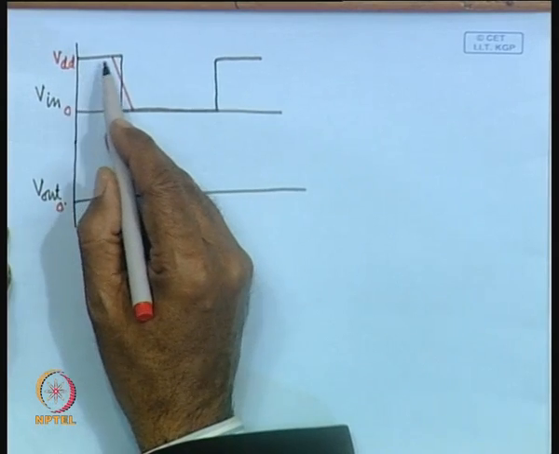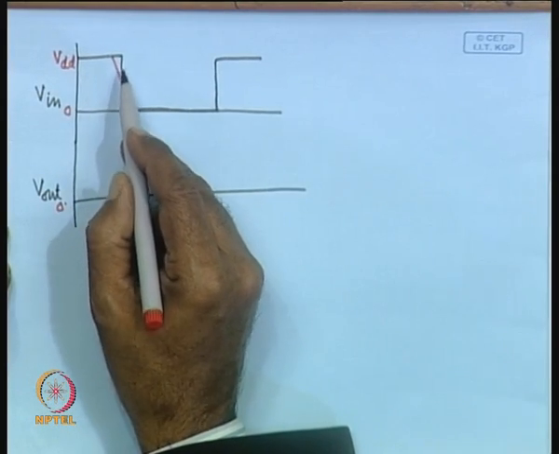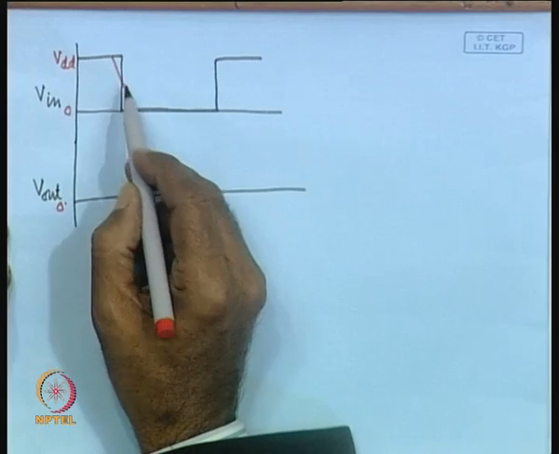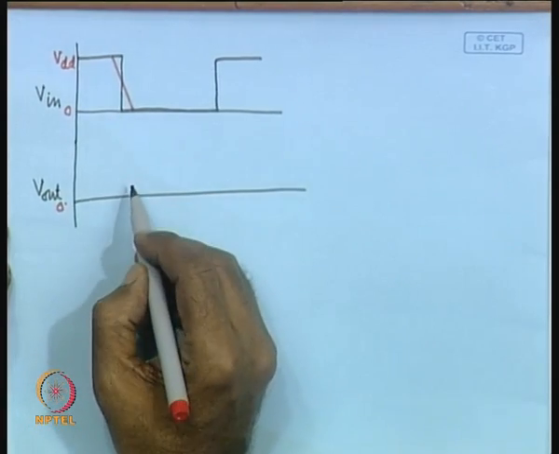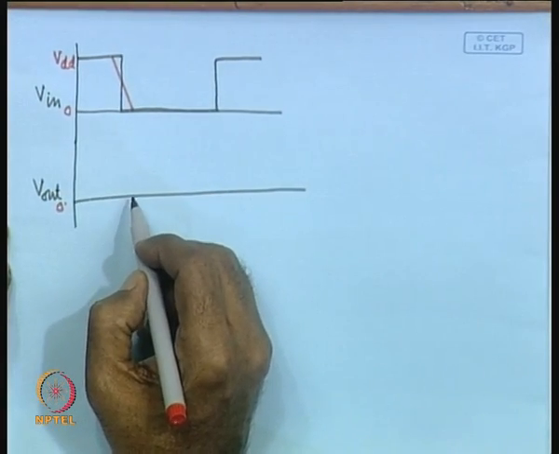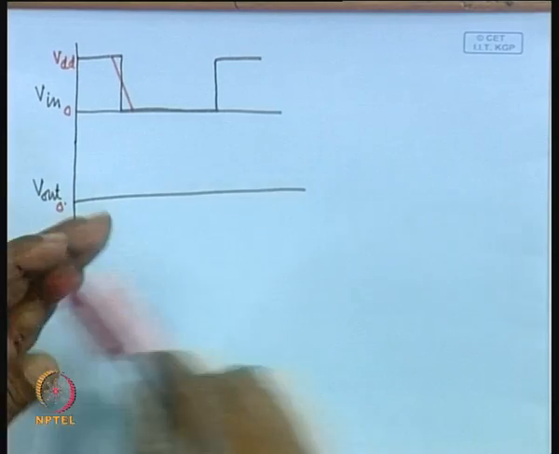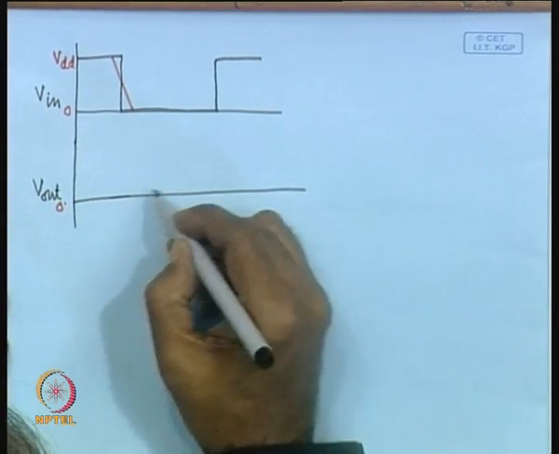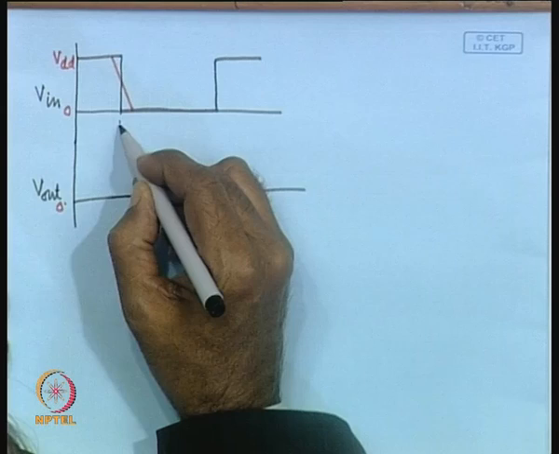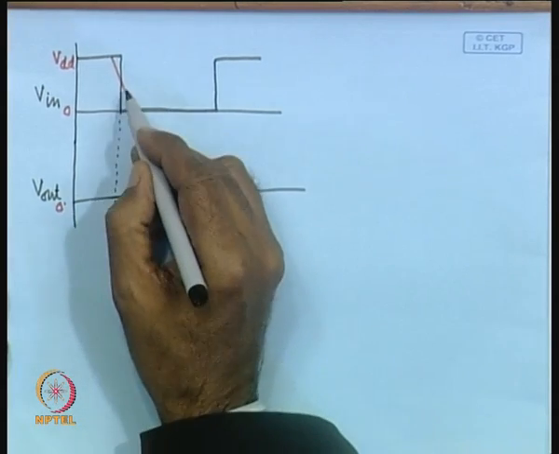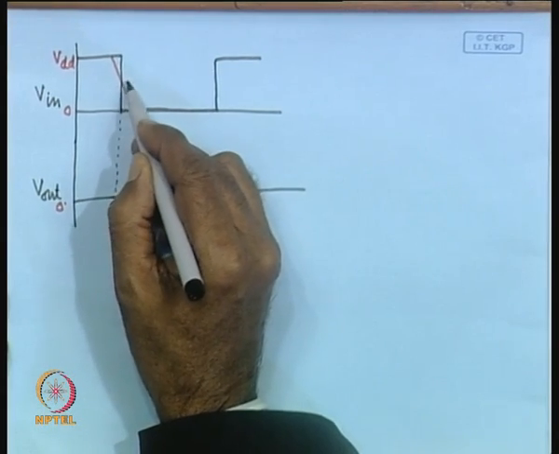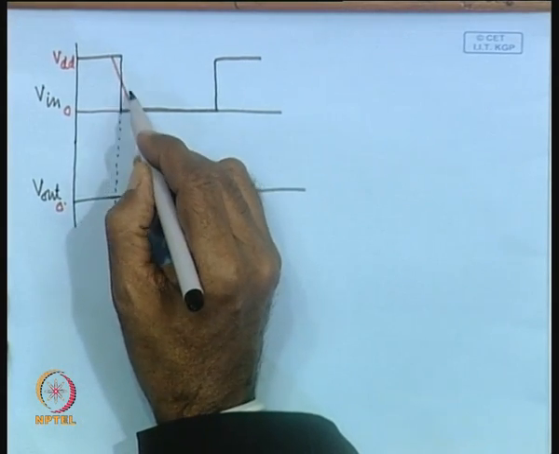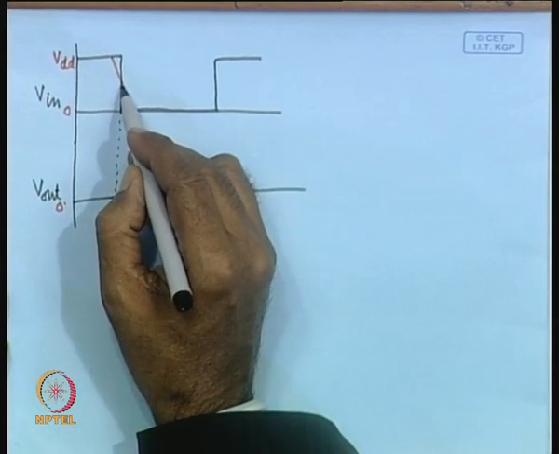As the input of an inverter is changing from VDD to 0, the output will change from 0 to VDD, and obviously this output will change after the delay time. Here we can say this is where the input has changed. We can consider the middle point of the input as the reference.